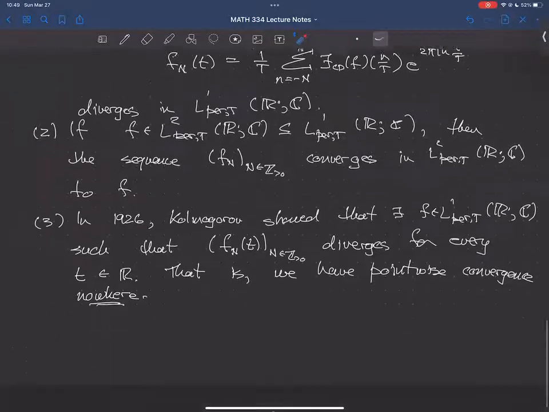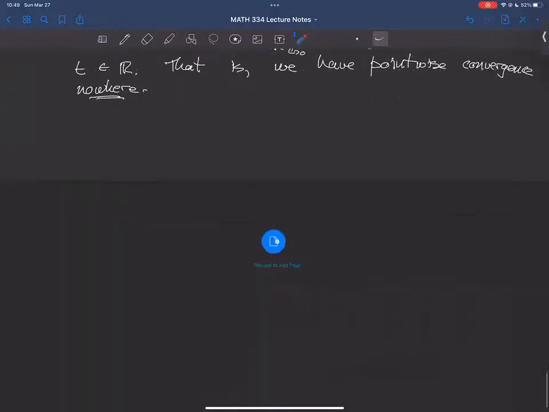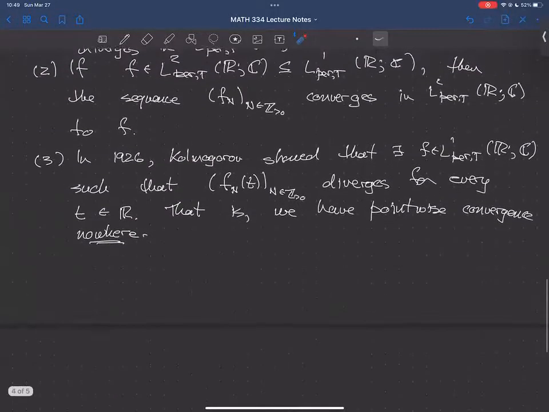This was speculated about before Kolmogorov's result, and I believe it was 1905. In 1905, it was certainly known that you have convergence in L2.